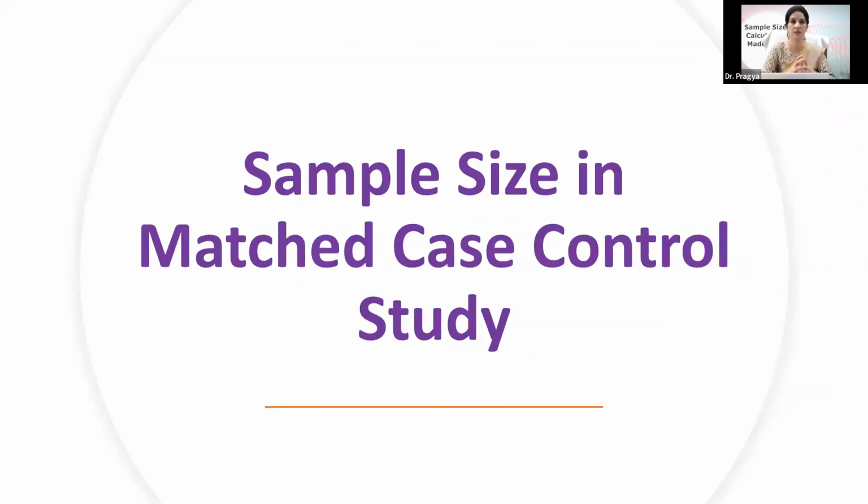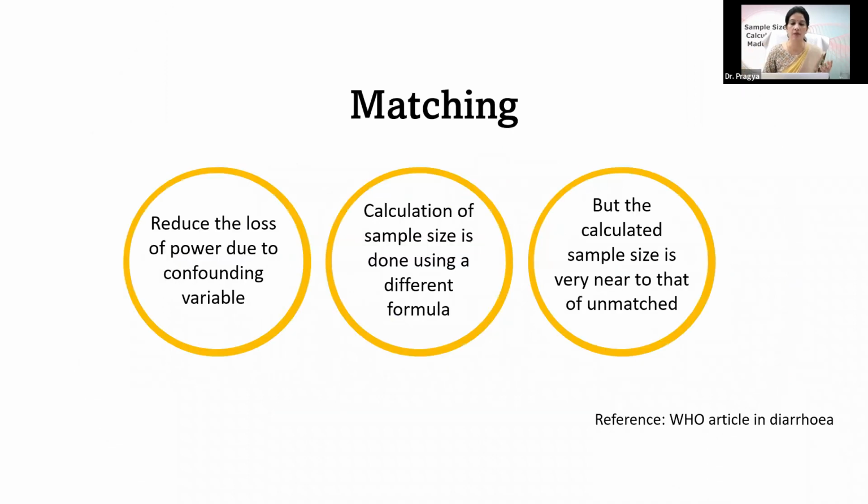So those were the major concepts involved in the calculation of sample size for a case control study. The case control study which we have discussed, we have largely not talked about a matched case control study. In a matched case control study, the calculation of sample size is done a little bit differently, where we take the R, the correlation, which is the phi and Cramer's V correlation.